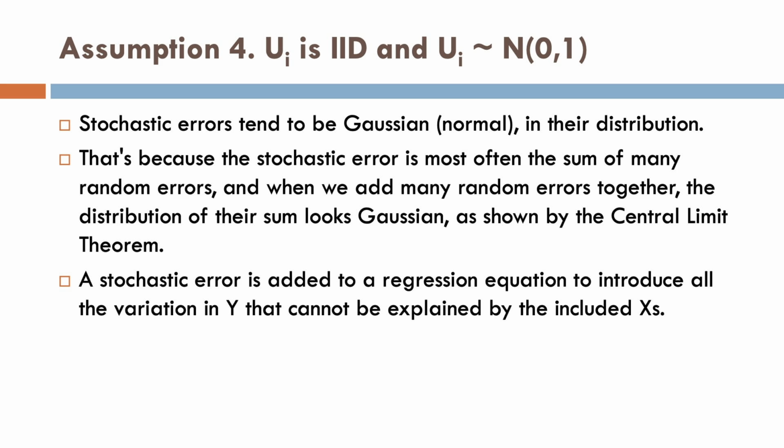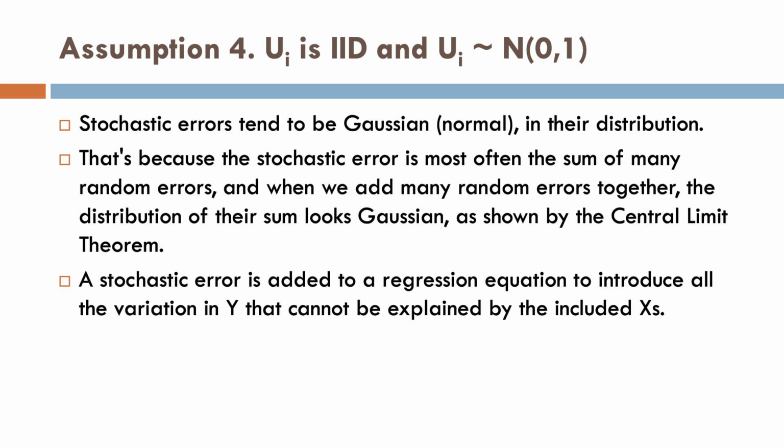Assumption 4, u_i is IID, that is, independently and identically distributed, and every u_i follows a normal density with 0 mean and sigma squared variance.